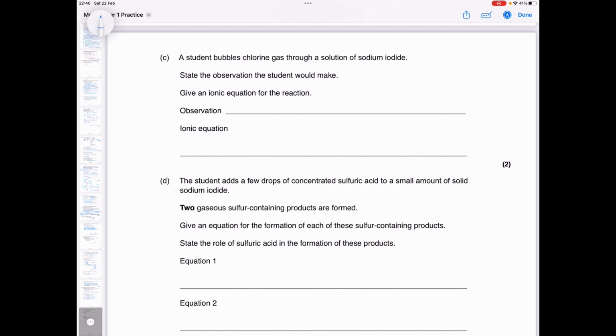So the equation that we want is going to be chlorine plus 2I minus goes to 2Cl minus plus I2. And so this helps us with the observation that we would see purple vapour of iodine, or a purple solid being formed.